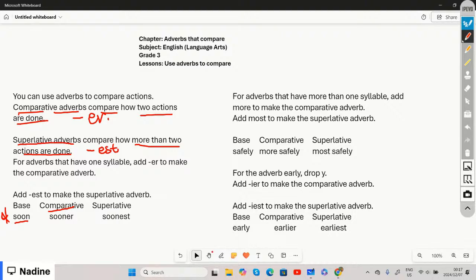But if you compare two people, actions, or things, to actually two, not two people, two things, two actions, then we can say sooner, because now we added an ER to that. So sooner is our comparative adverb, but then soonest is a superlative adverb.